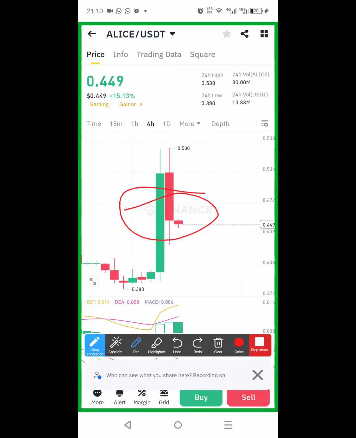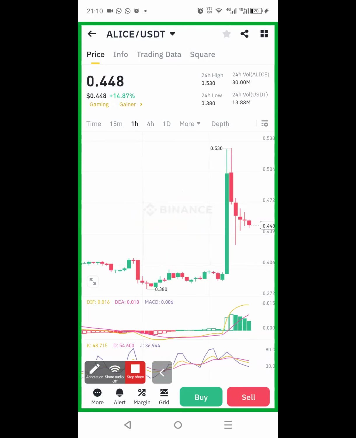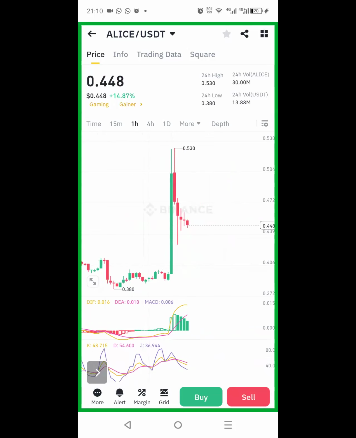It has already moved up in the last 8 to 12 hours, but now it's coming down. So if another person wants to enter this trade and doesn't check the 4 hour time frame, some will just make the mistake. They will just click on the 1 hour. Even this 1 hour itself indicates that this particular coin is falling.